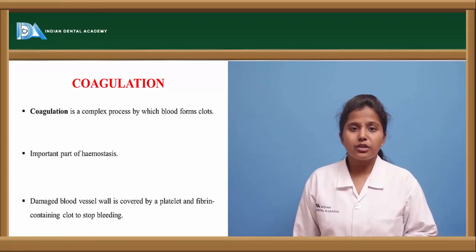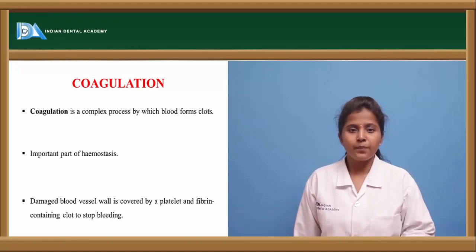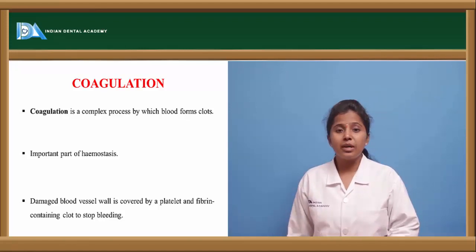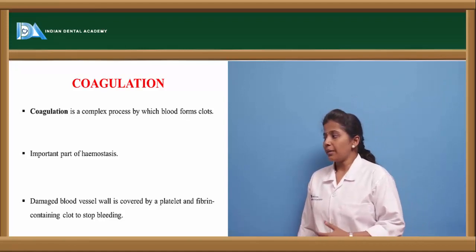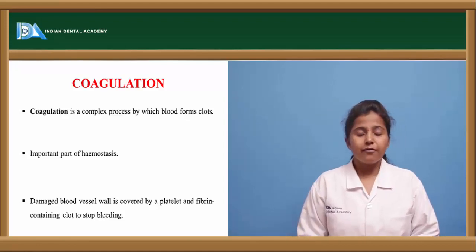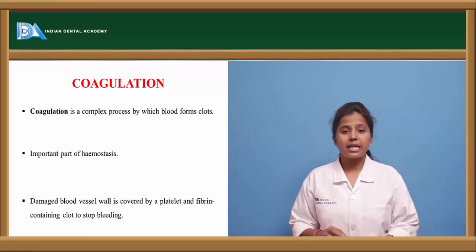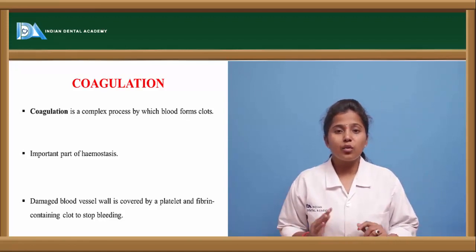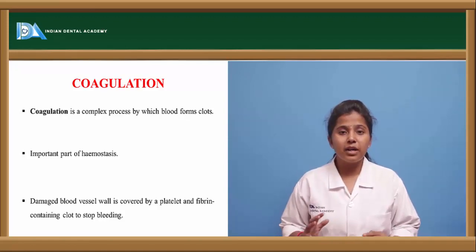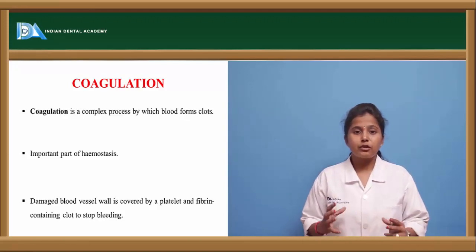This coagulation plays a very important role if there is any damage to the tissue or any excessive hemorrhage occurring in the body or a blood vessel. If there is damage at a particular site, the damaged blood vessel is covered by a platelet fibrin structure, forming a net-like structure at the place of injury.